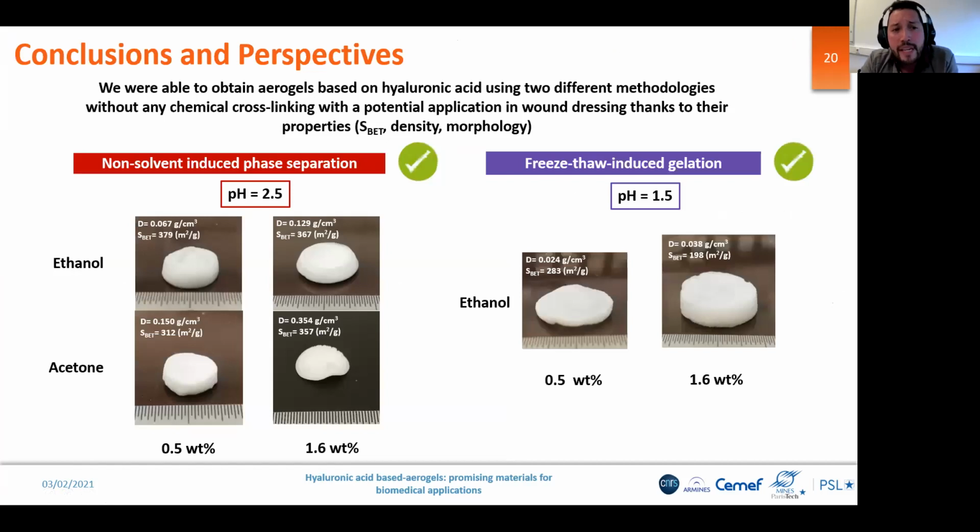Well, in order to conclude, we can say that we were able to obtain aerogels based on hyaluronic acid using two different methodologies, both without any cross-linking.